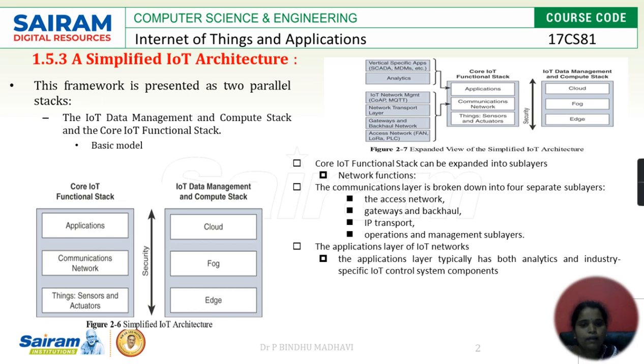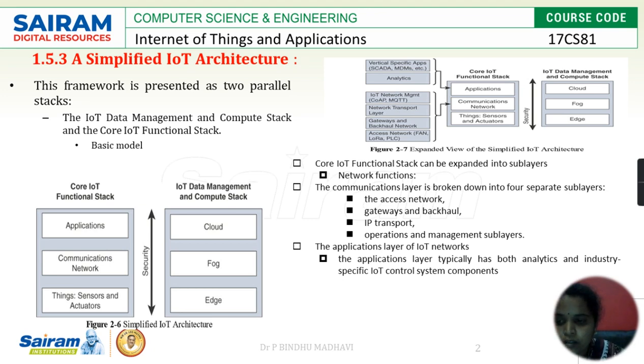Right, the application layer of IoT is meant for security purposes along with data transformation. This application layer will have both the analytics related to the industry and related to the specific connectivity within the network with all its components.